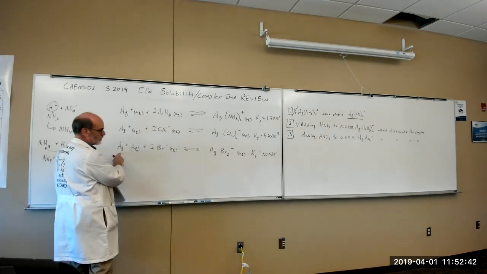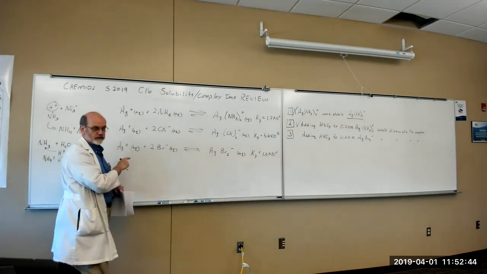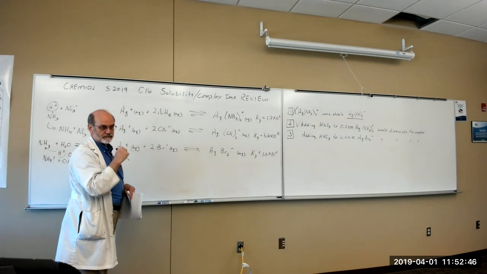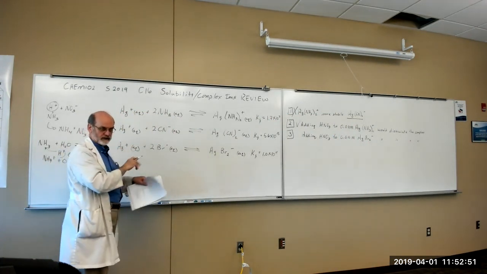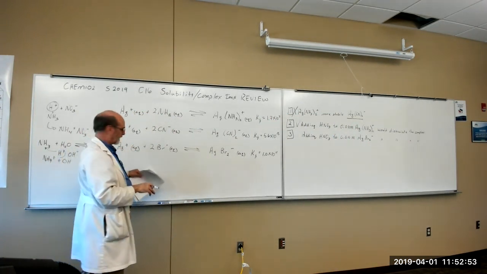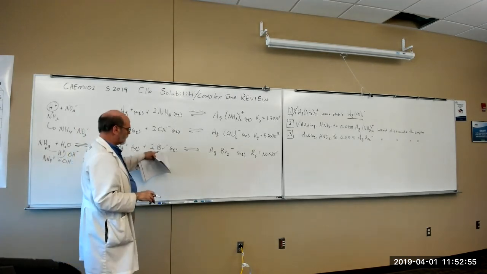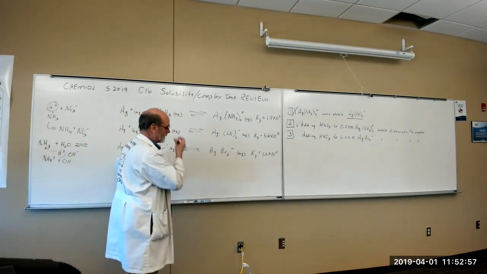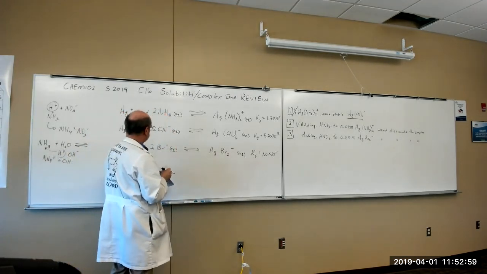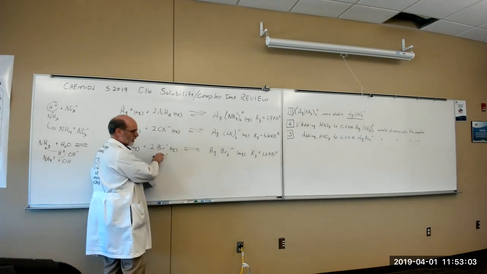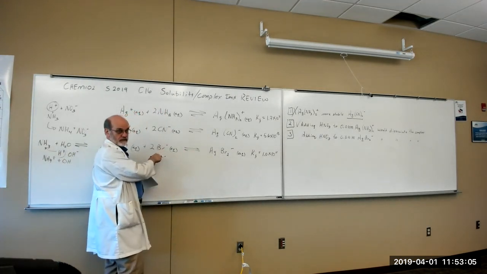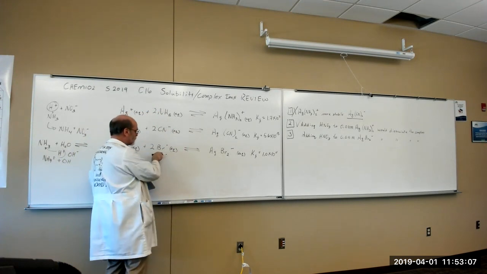HNO3 will not remove this one because silver nitrate is soluble. You won't take any of that out of solution or put it in some other form. So what effect does it have on bromide? Well, NO3 minus won't react with bromide because they're both anions.